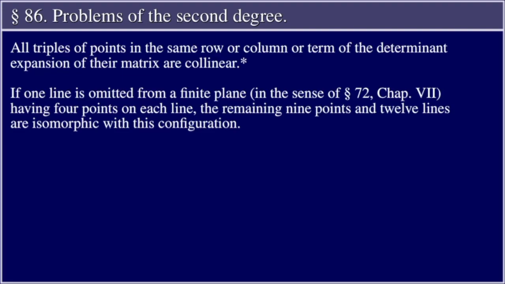If one line is omitted from a finite plane, in the sense of section 72, chapter 7, having 4 points on each line, the remaining 9 points and 12 lines are isomorphic with this configuration.